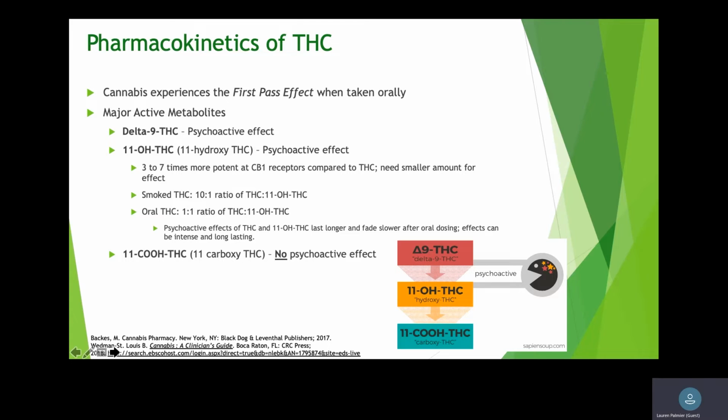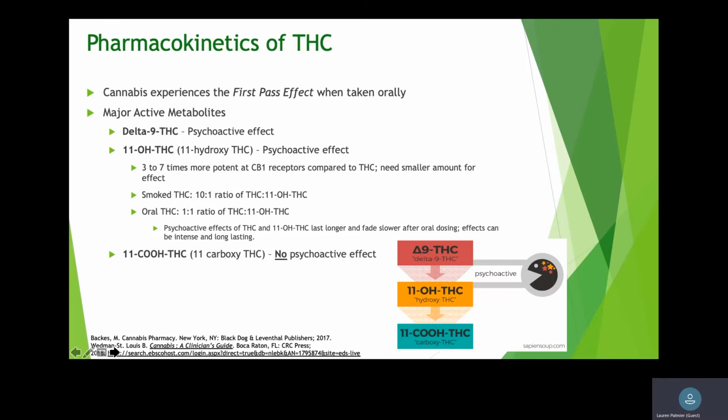What's really important to know is that 11-hydroxy THC has a very potent effect when it is produced. 11-hydroxy THC is 3 to 7 times more potent at CB1 receptors compared to THC or delta 9 THC on its own.